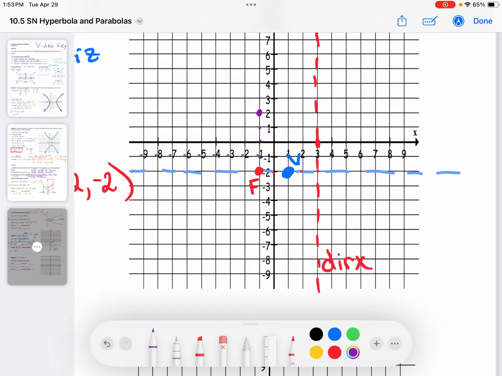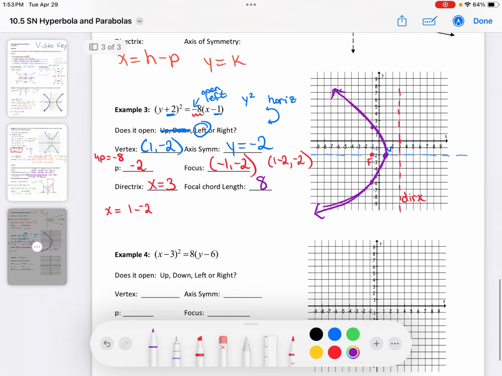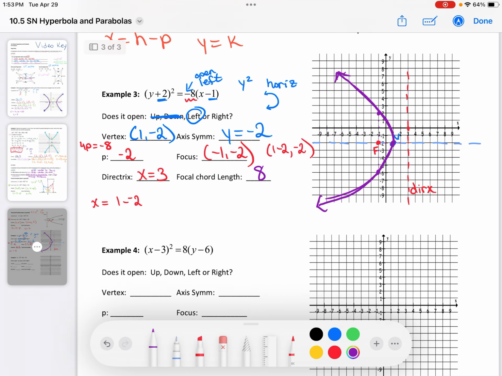So 8, half of 8 is 4, up 4, down 4. Our parabola goes through those points. So our parabola would curve here through the ends of that focal chord, through the vertex, and out. And there is a horizontal parabola.